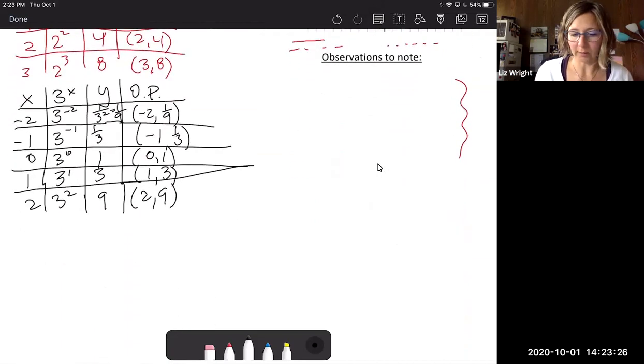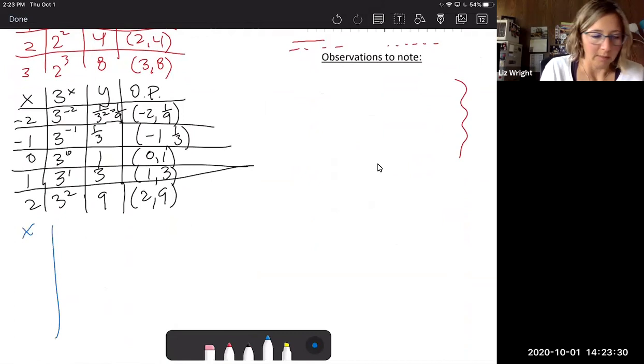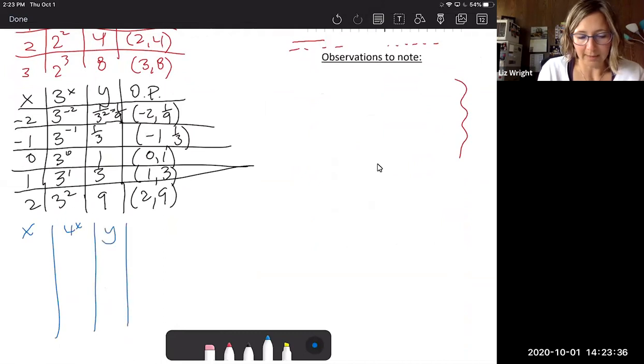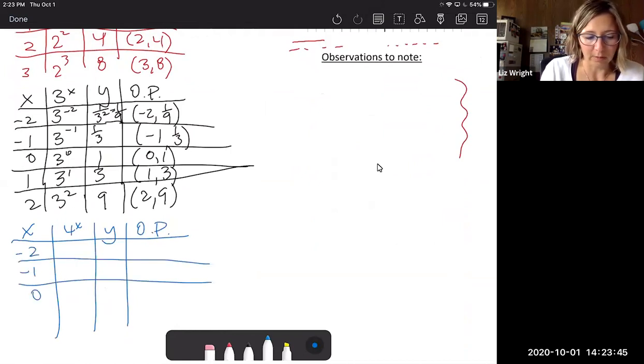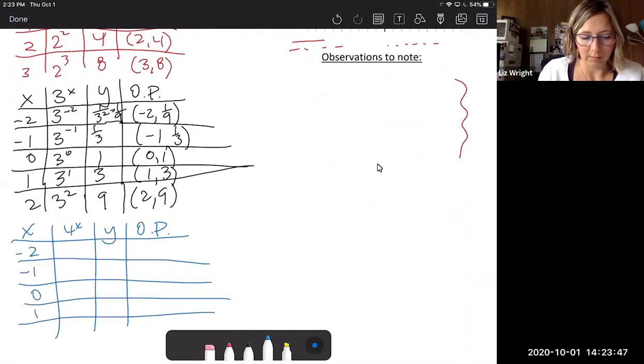Let's do our next one. So this one's going to be blue. I'm going to do x, and I think it was 4 to the x, right? Yep, 4 to the x gives us our y and then our ordered pair. So again, we're going to have -2, -1, 0, 1, and 2. And so here we're going to have 4 to the -2.